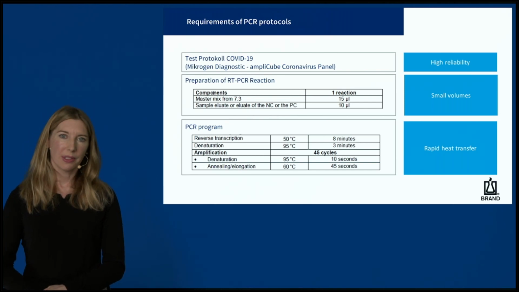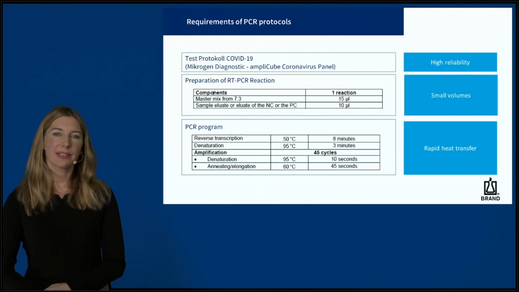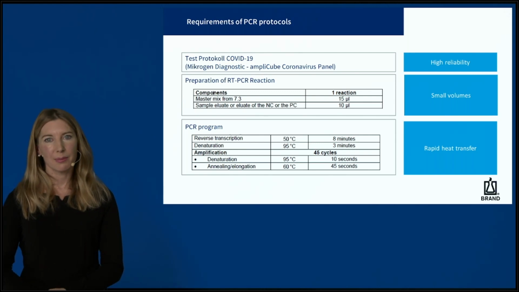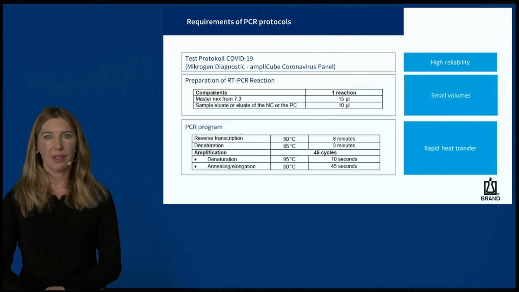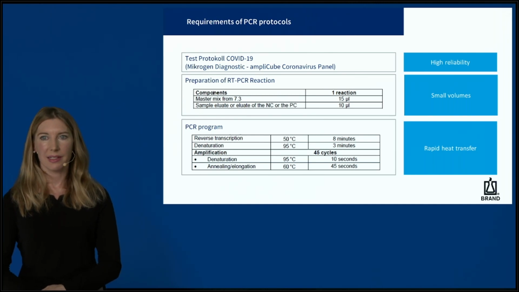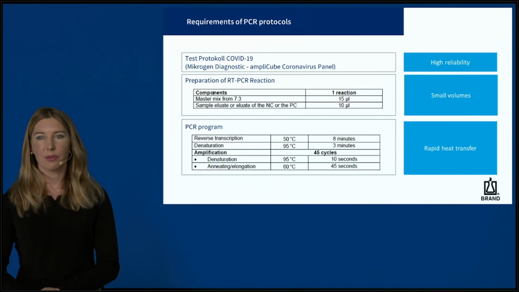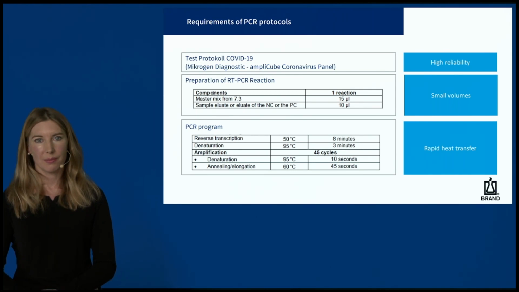And as a third point, I would like to emphasize the cycle time because, as we all know, time is money. And in order to be able to examine as many samples as possible quickly, a short cycle time is just as indispensable. To achieve this, among other things, the thin wall and associated thermal conductivity of the PCR tubes is important.